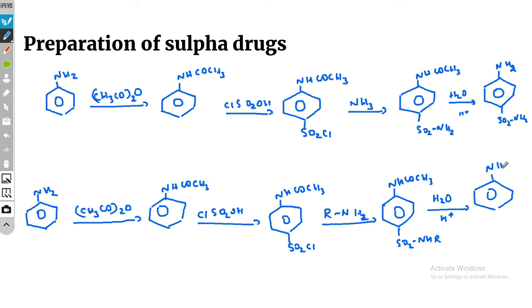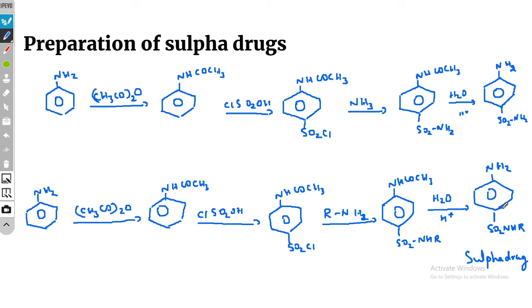Here it is hydrolyzed, and then we have NH2 and SO2NHR. This is a sulfur drug. So this is the active part of the sulfur drug.